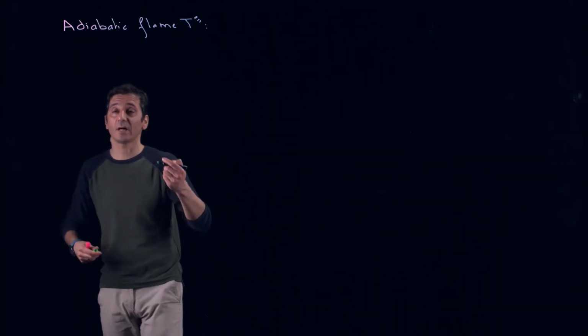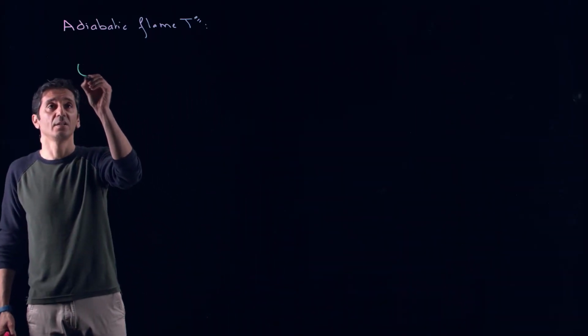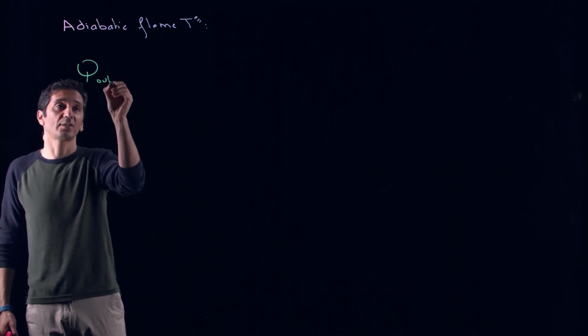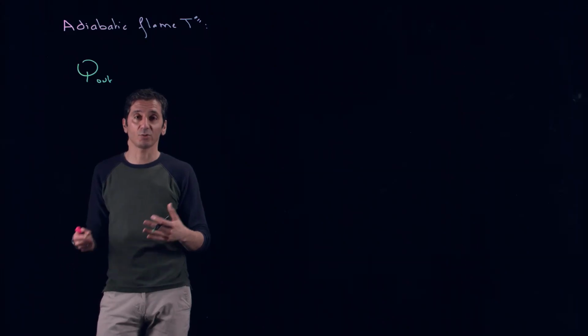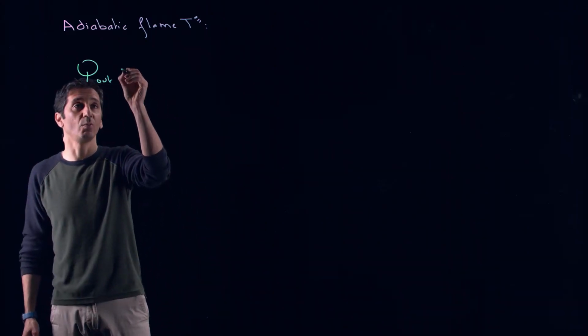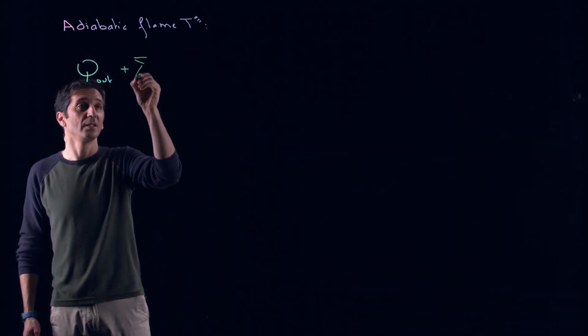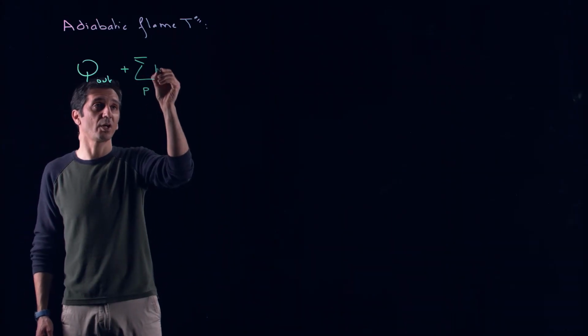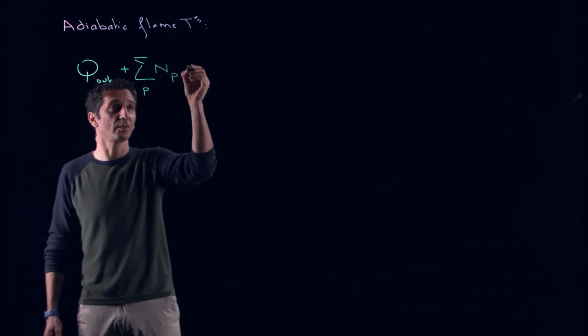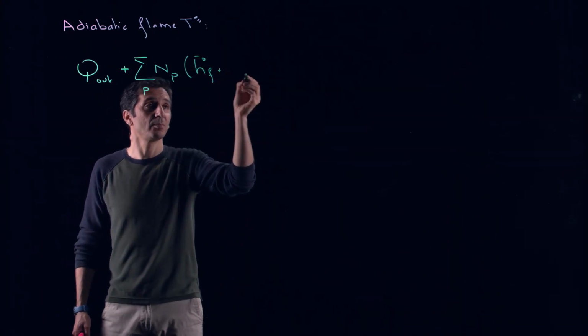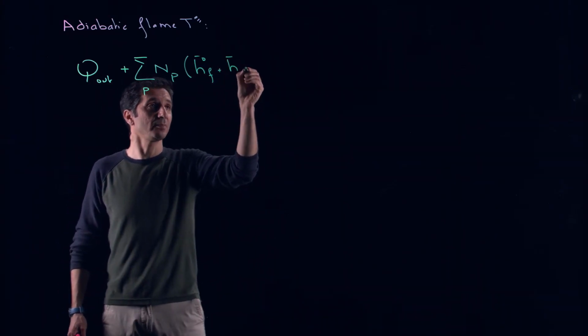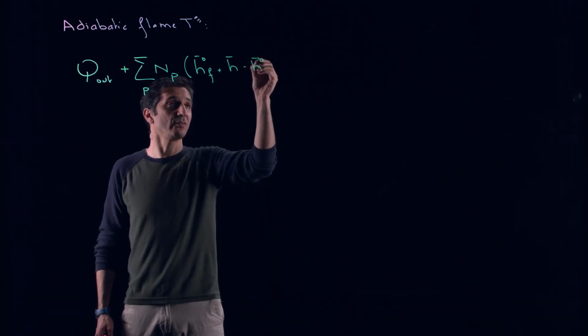Now, when we look at our first law of thermodynamics, under the simplified form where we neglect the variation in kinetic energy and potential energy, and there is no work, we have the work out plus the summation over all our products of the number of moles of the products times the enthalpy of formation plus the actual enthalpy minus the reference enthalpy.